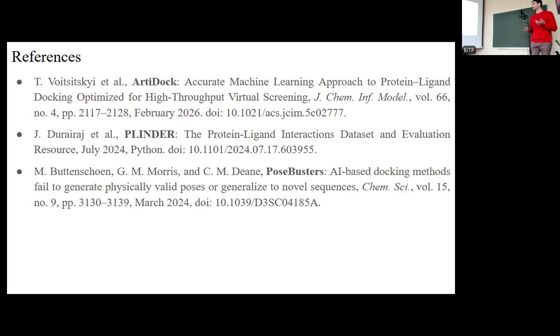According to these internal evaluations and comparisons to traditional tools, it can outperform traditional tools. It's faster than machine learning based tools, so it can predict, let's say, the pose of one ligand in less than a second on average hardware.